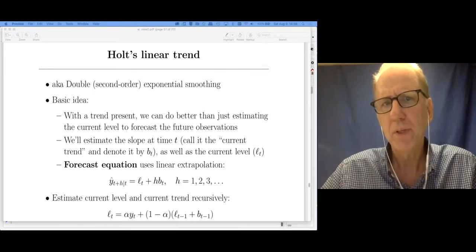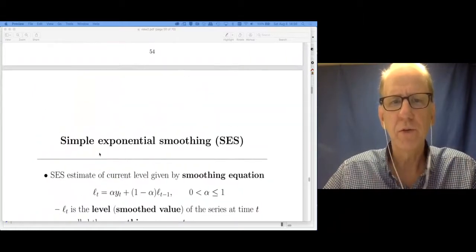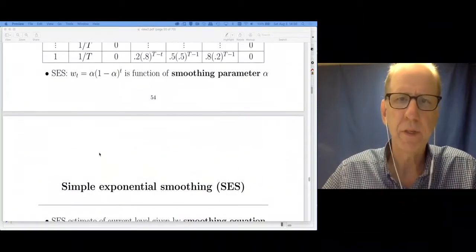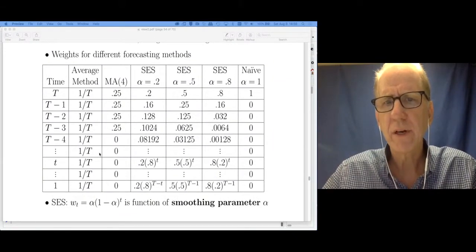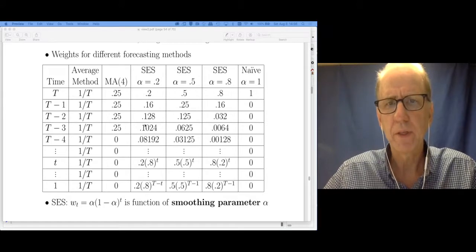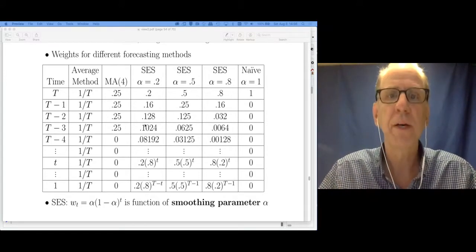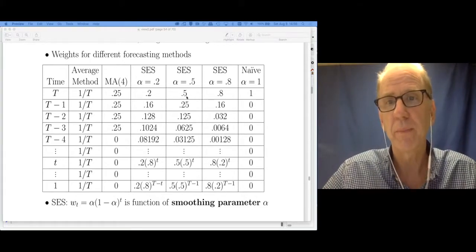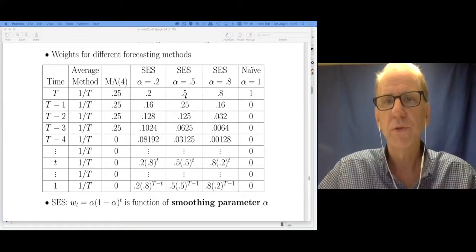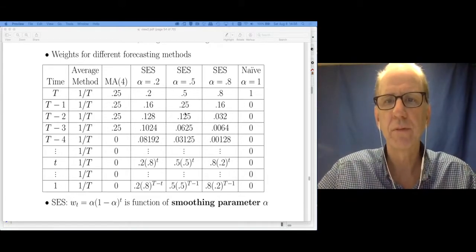So to put this into context, my previous video introduced a very important idea, and that idea was exponential smoothing. The basic idea of exponential smoothing is that we're going to average previous values in order to make our forecast, but we're going to have a smoothing parameter that allows the weights that I use in my weighted average to decay.